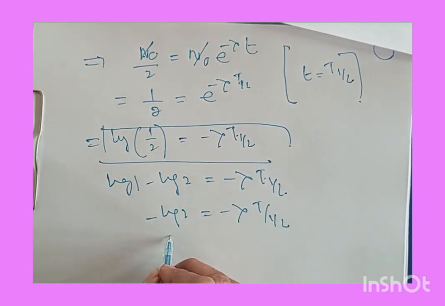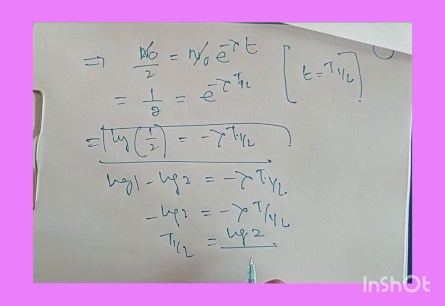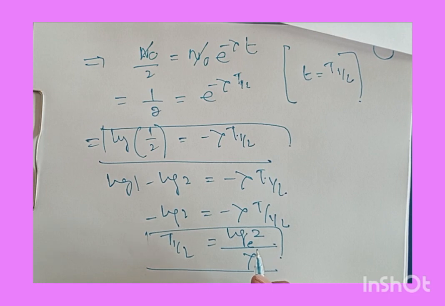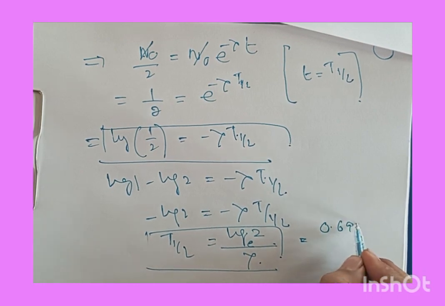That means I will have t half equal to log 2 divided by lambda, to the base e. And when we convert this log of 2 to the base e, what we get is 0.693.